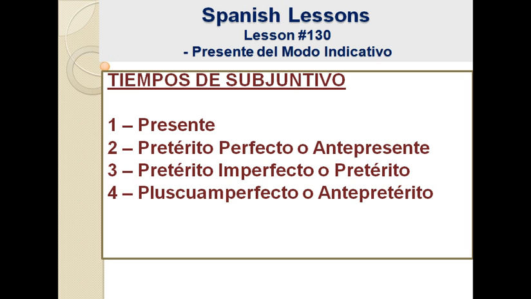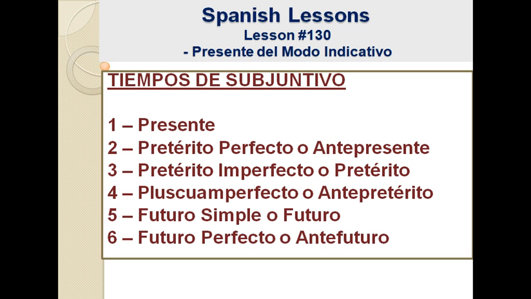So, we were in antepretérito del modo subjuntivo, okay? We have futuro simple or futuro del modo subjuntivo and futuro perfecto o antefuturo del modo subjuntivo. So, this conjugation that we call modo subjuntivo includes 6 different tenses, and we will leave these for the last, okay?